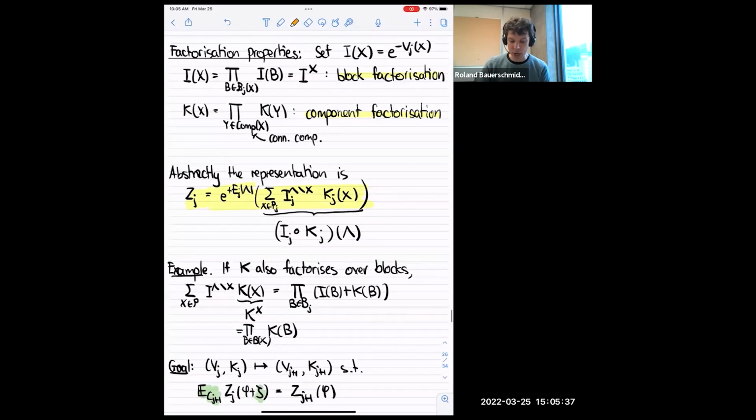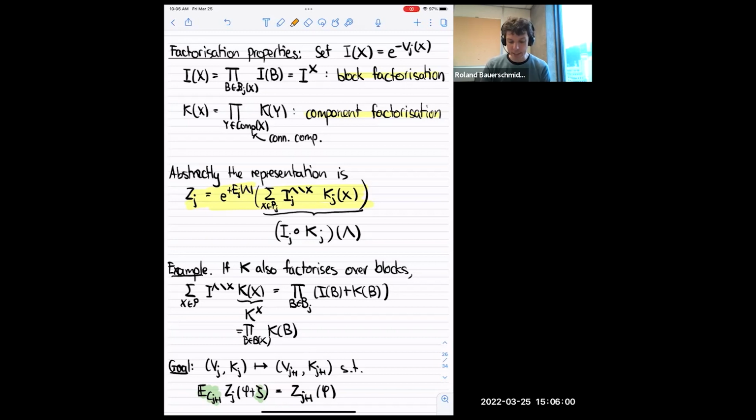So the Vj and the Kj have different factorization properties. The Vj, we will usually work with the exponential. So I'll write I of X for the exponential of minus V of X. And so V of X is local. It's a sum over points in X, roughly speaking.